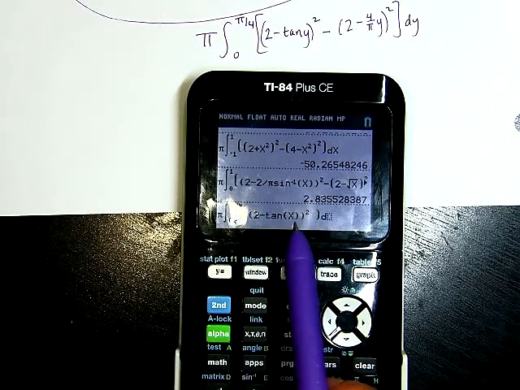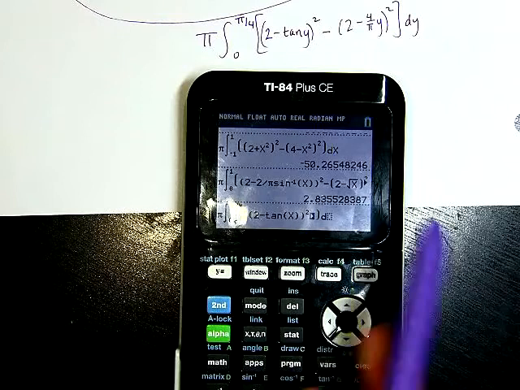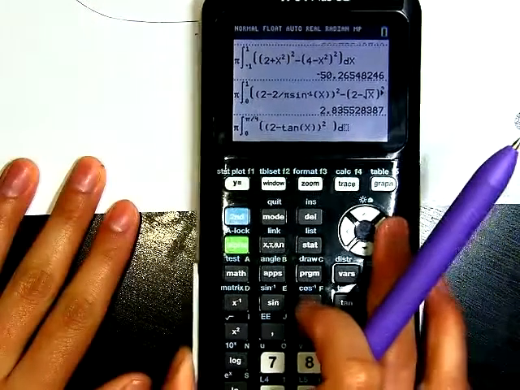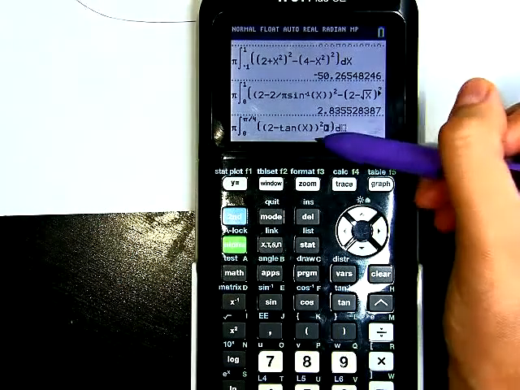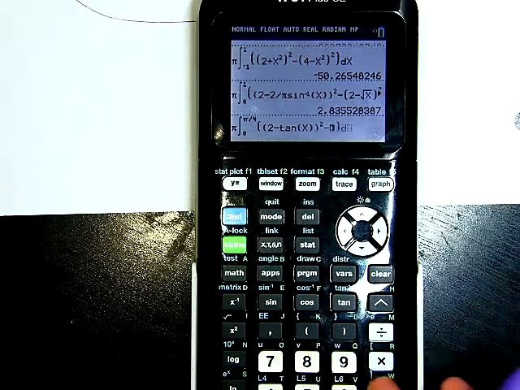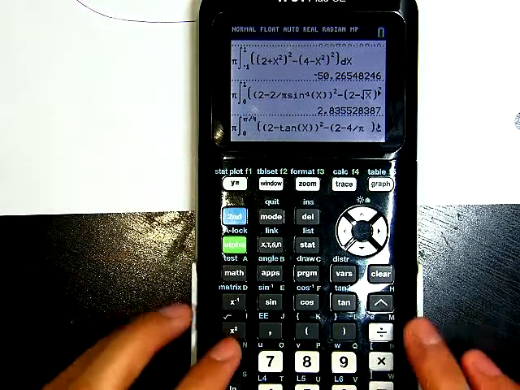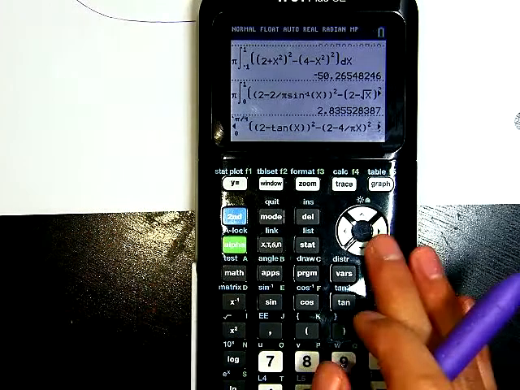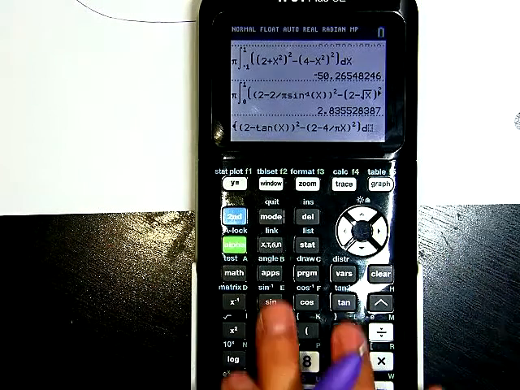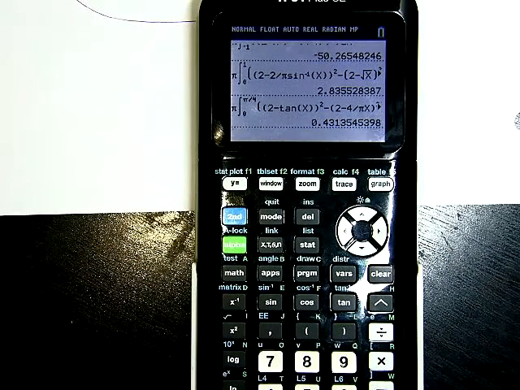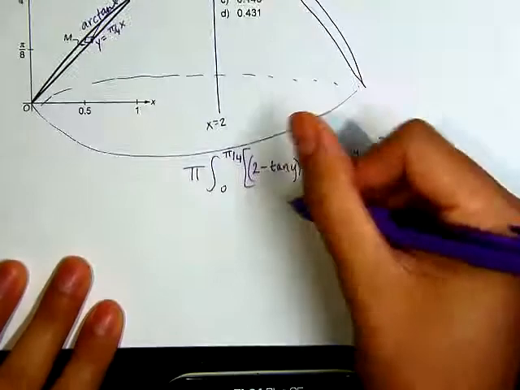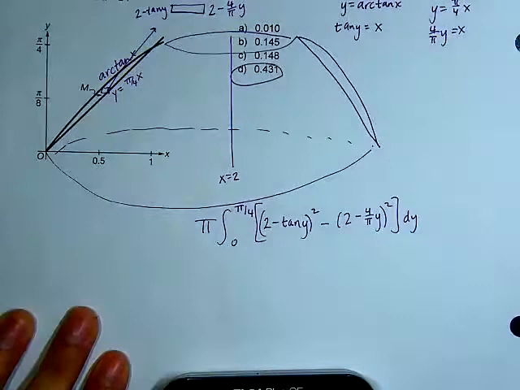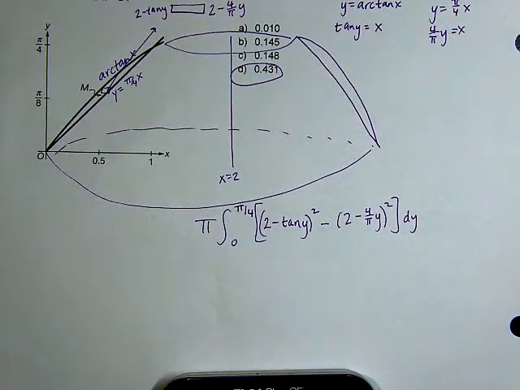Again, here remember to close the parenthesis on the x and then close the parenthesis again on the outside radius, square that. All right, there you have it, 0.431, which is D. All right, congratulations, you are done with calculus.